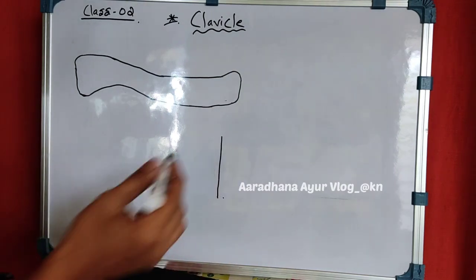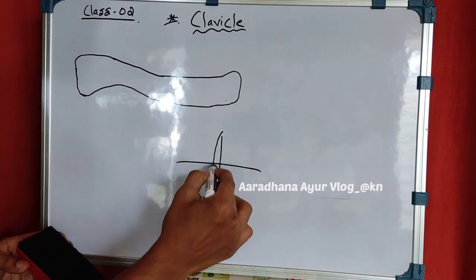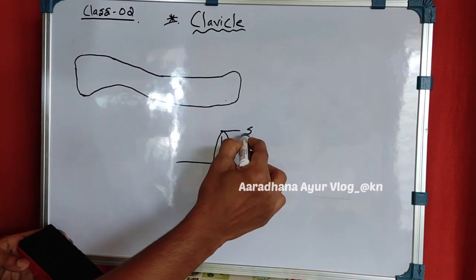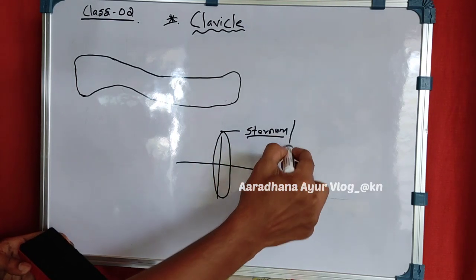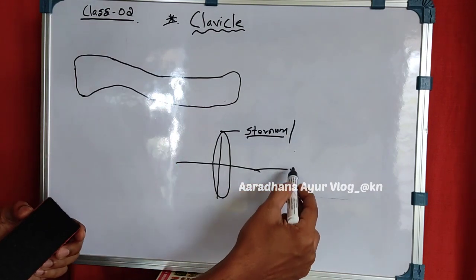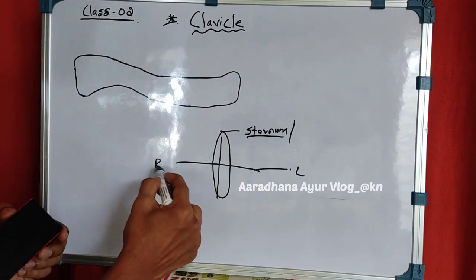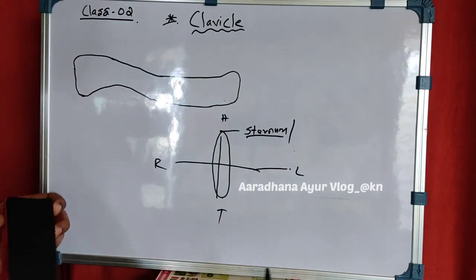So consider this as the midline, or consider this as the sternum, a bone called the sternum. It is also called the breastbone. It is in the middle part of the body, and this is the left side and this is the right side. This is the head and this is the toe.